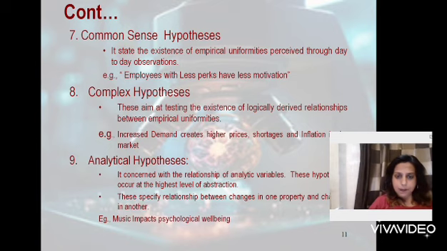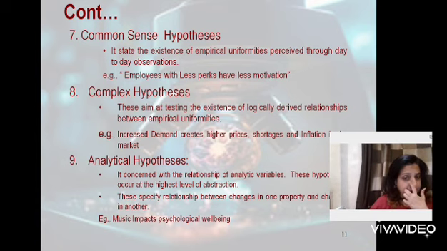Then we have complex hypothesis. If there is the presence of more than two or three dependent or independent variables in one particular statement, then we can relate it to the complex hypothesis.